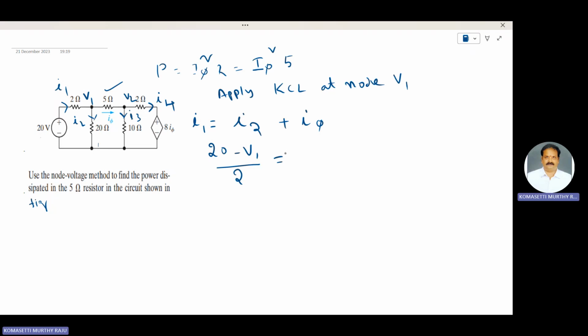I2 is equal to V1 by 20. I5 is equal to (V1 minus V2) by 5.